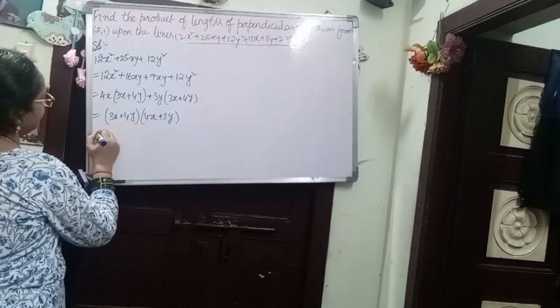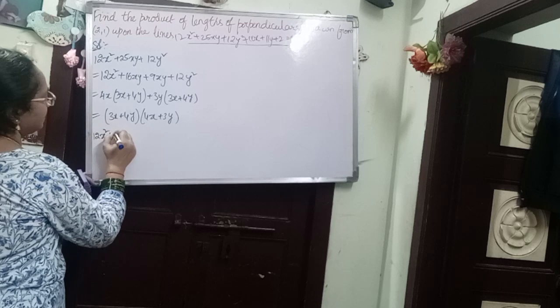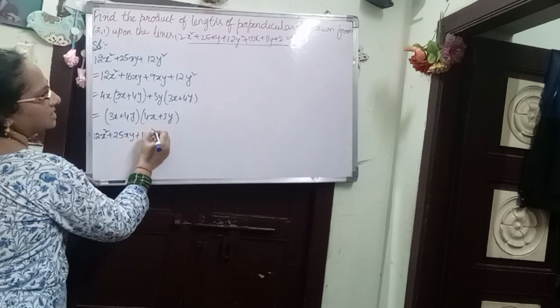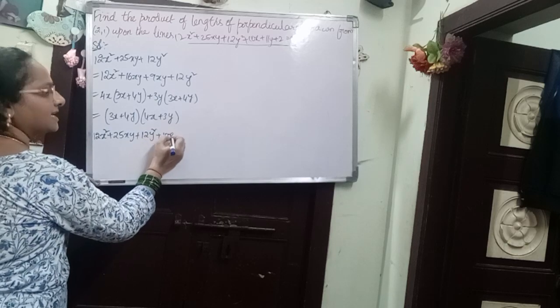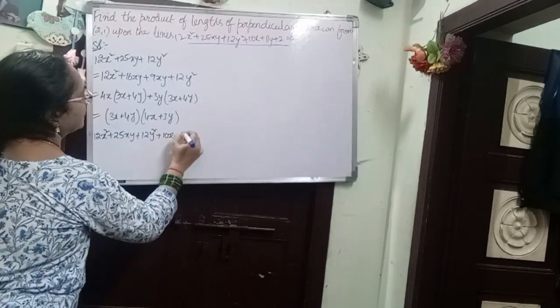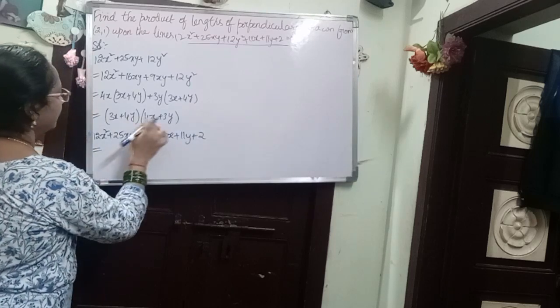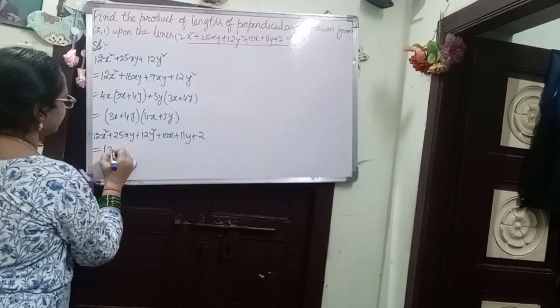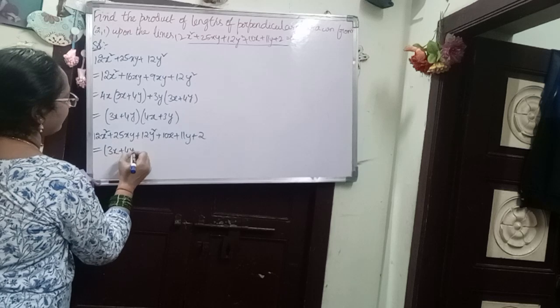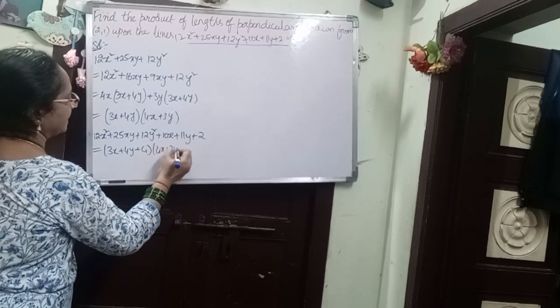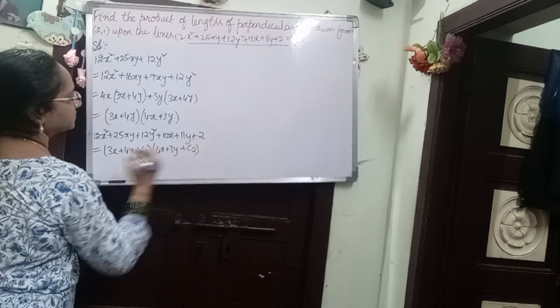So first equate 12x square plus 25xy plus 12y square plus 10x plus 11y plus 2 equals, now equate with 3x plus 4y plus c1 into 4x plus 3y plus c2.